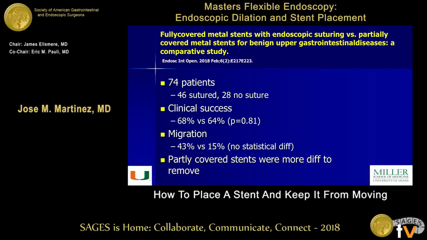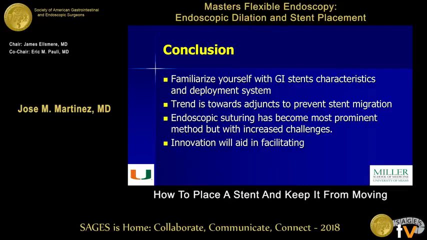Remember, the sutured were fully covered, the unsutured were partly covered. Clinical success was the same in both scenarios. Migration was a higher percentage in the sutured group, which looks quite high compared to all the other studies, but there was no statistical significance based on the design of the study. Obviously, they commented that removal of the partly covered stents was more challenging. That's why I like to show that video.